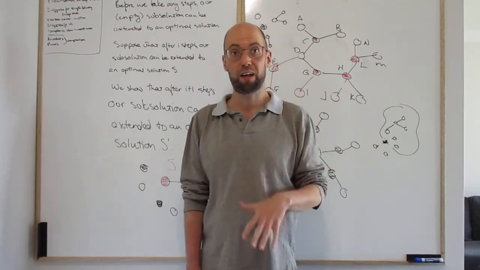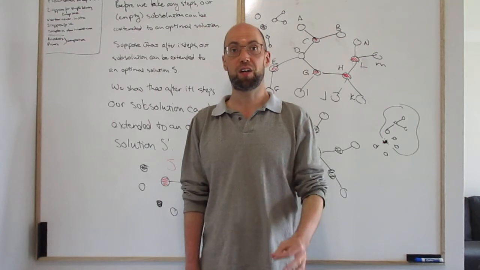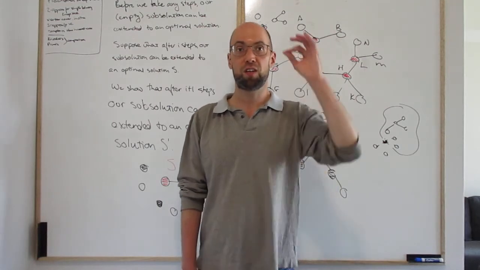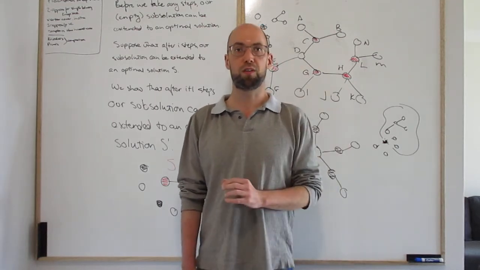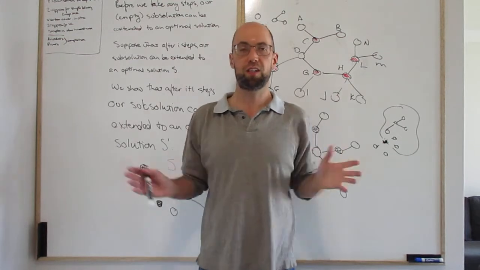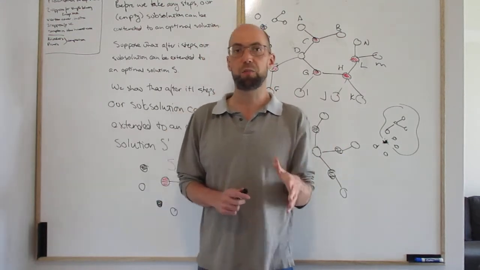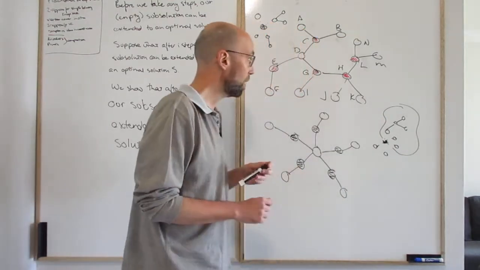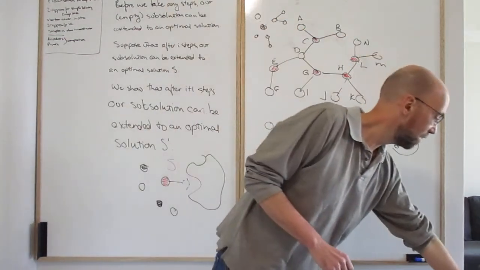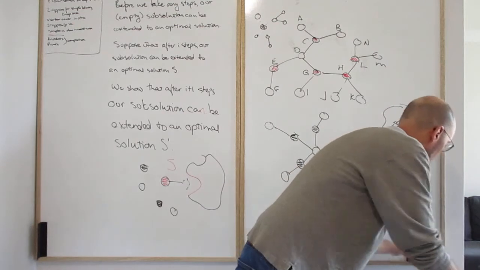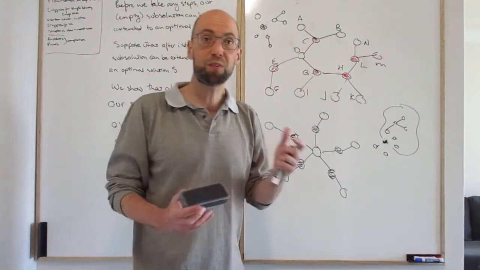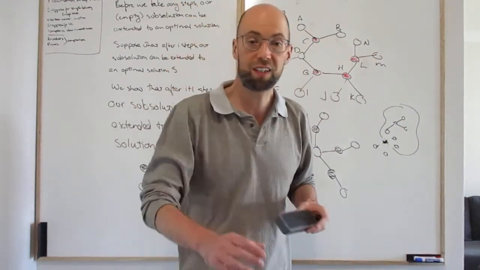We do not have a polynomial time algorithm that finds an exactly optimal solution. If we did, all kinds of things, the world would shake, and people would be able to break into your bank account. But we don't. But even with just an easy, greedy algorithm, we can get close.